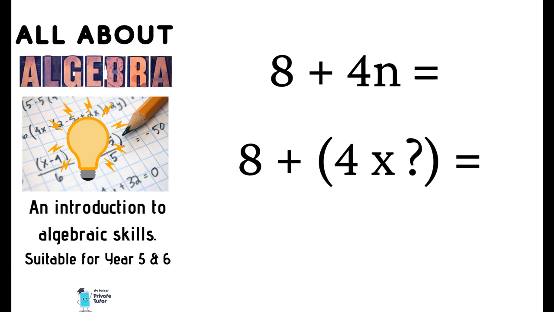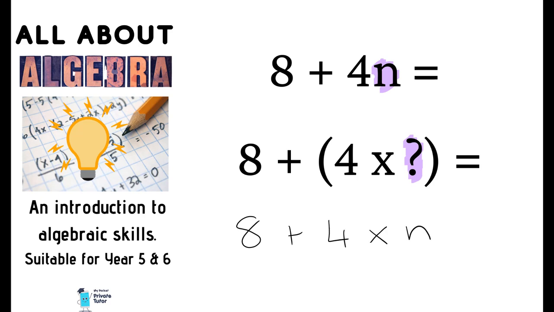Okay, let's look at another example. Here we have 8 plus 4n. Remember, n is our mystery number. Now we do need to put brackets in here for the order of operations. We would always multiply first. So if I was to just write that out, it's 8 plus 4 times n.